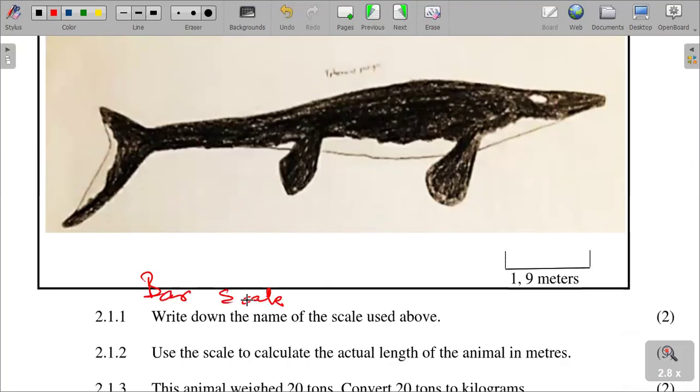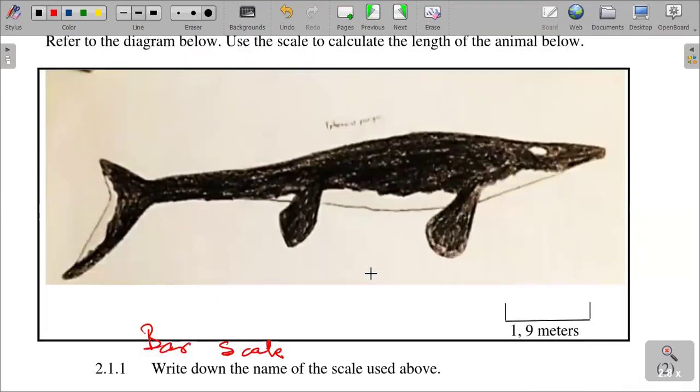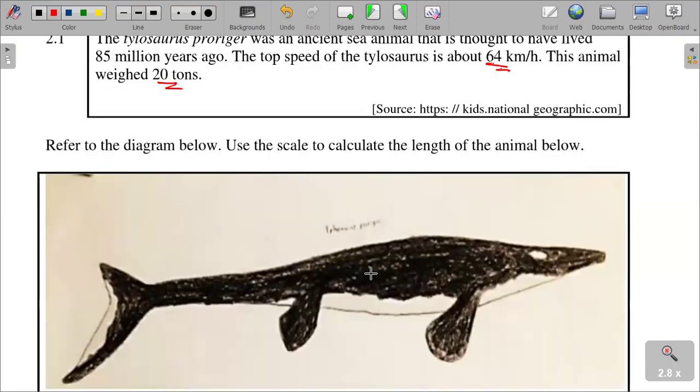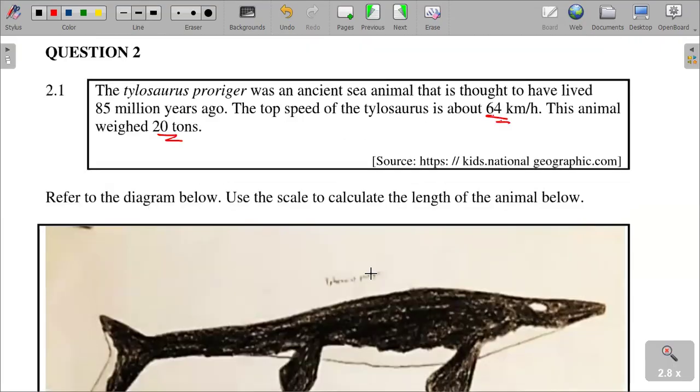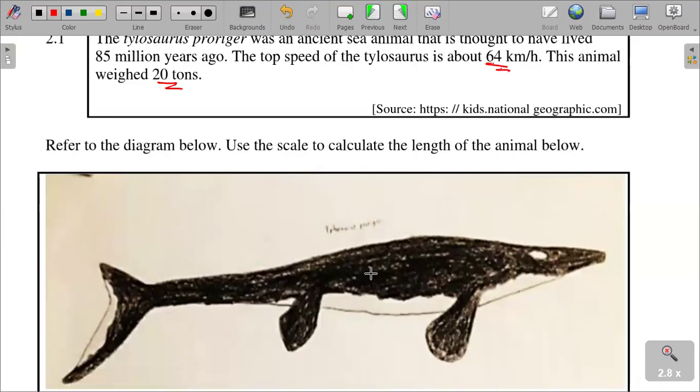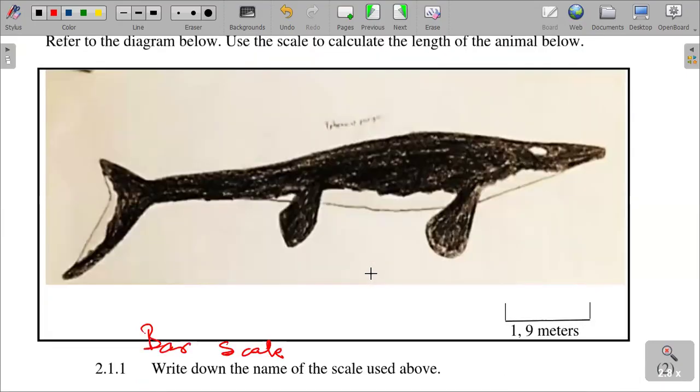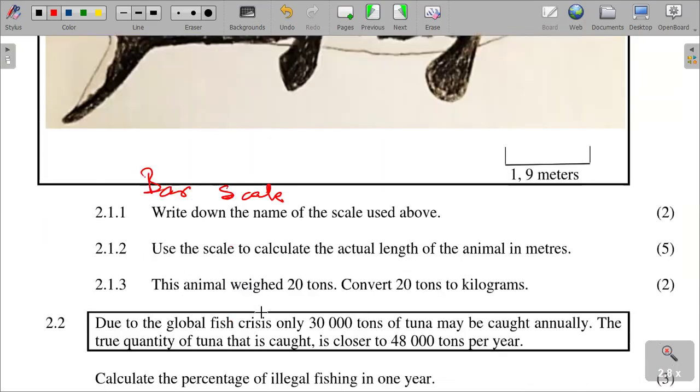It is a bar scale that is used in this case, as you can see there. And then use the scale to calculate the actual length of the animal in meters.